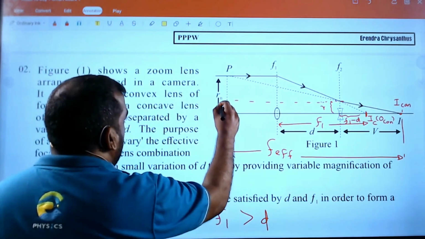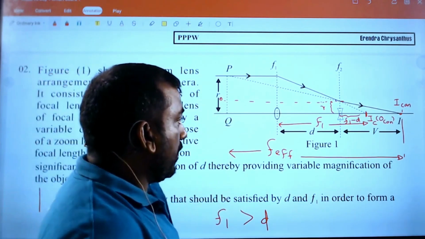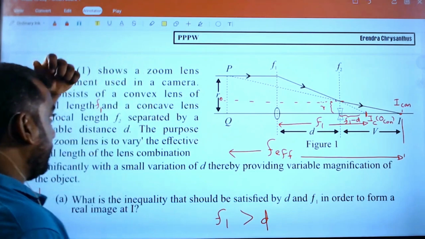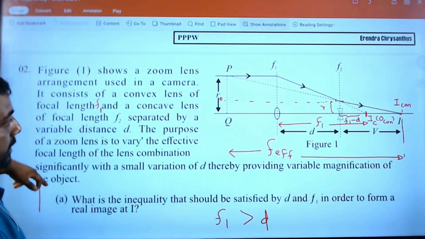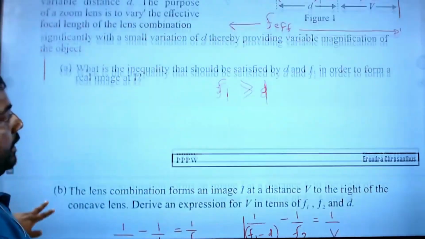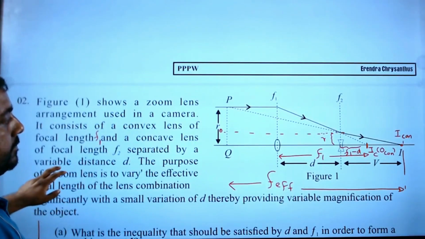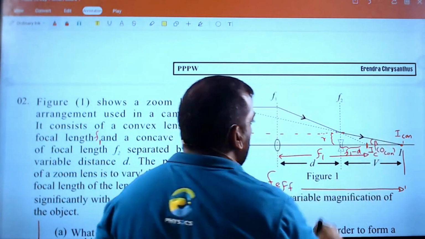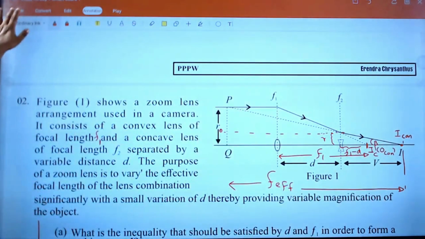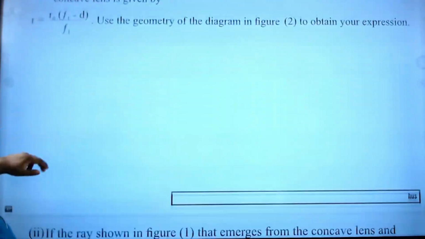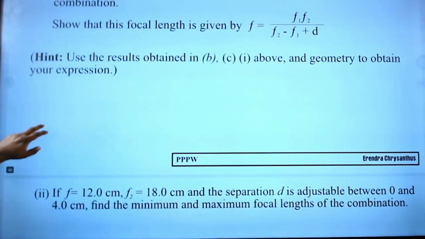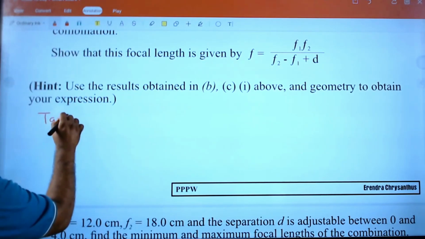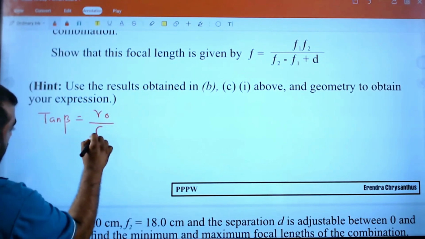This is R naught. Otherwise, if you are trying to add this to this, we don't know that distance. At once we can get the relationship here. So let's write it. I'll name this angle as beta. Tan beta is opposite over adjacent.